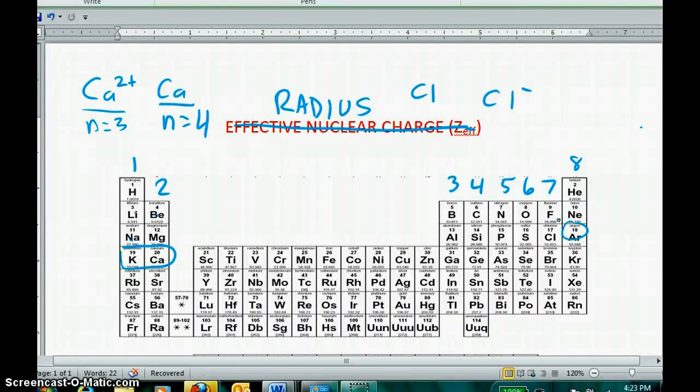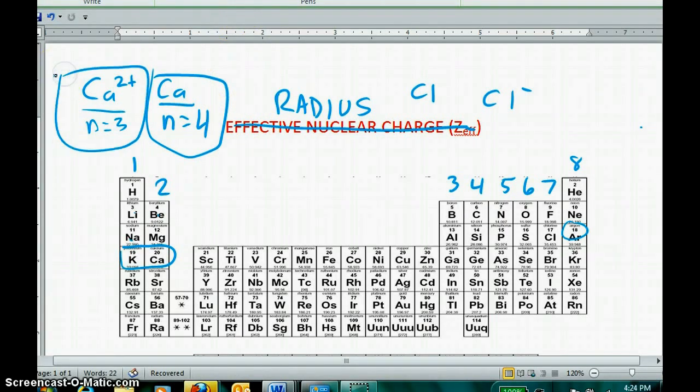And so consequently, this argument is simple. The cation of calcium has to have a smaller radius than calcium because calcium has a higher valence level, and that's our first consideration always, is valence level. And because the calcium atom has n equals 4, a higher valence level than the calcium cation that has a valence level of n equals 3, the calcium atom would have the larger radius.